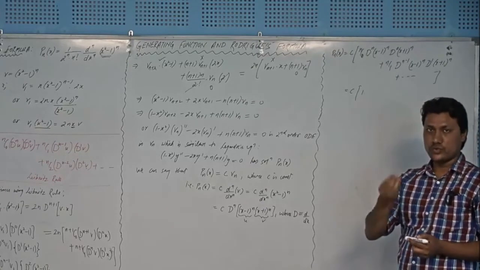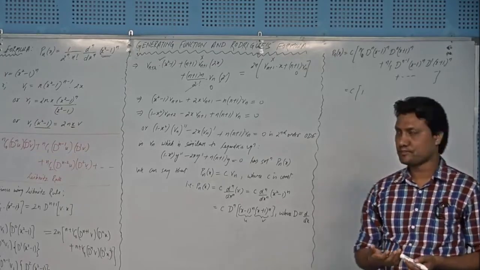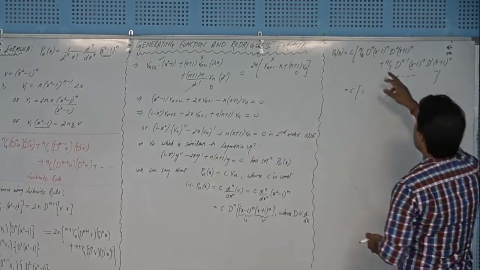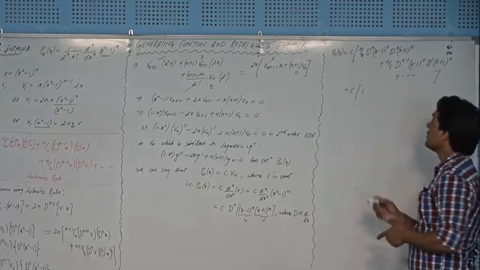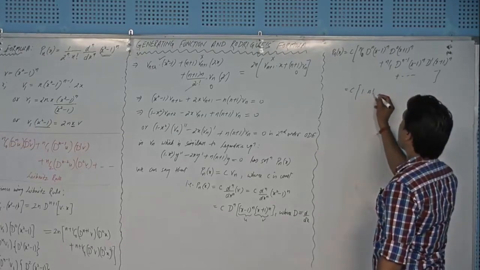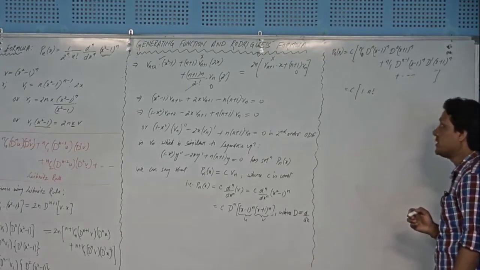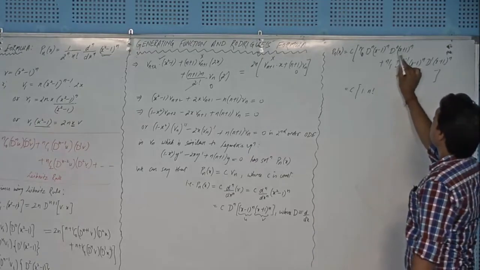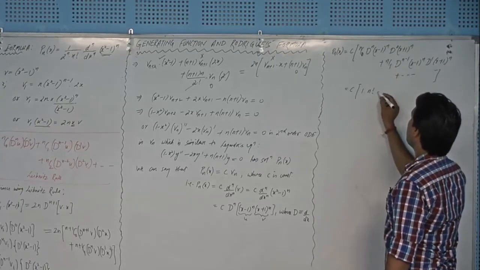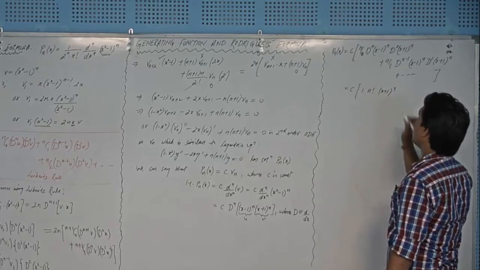The nth derivative of x to the power n is n factorial, right? So the nth derivative of (x minus 1)^n will be n factorial. We are using those results directly. And D^0 means do not differentiate this thing, (x plus 1)^n. This is the first term.